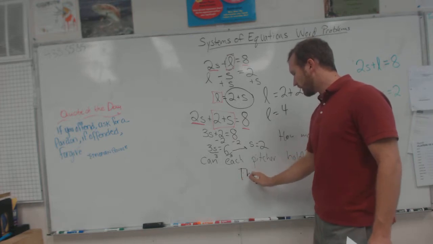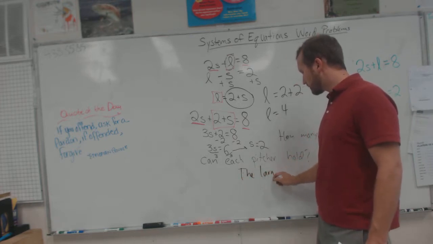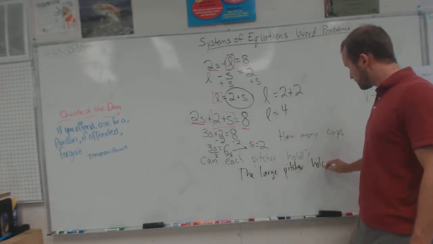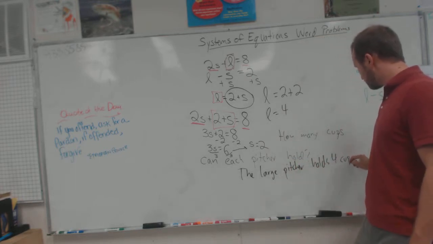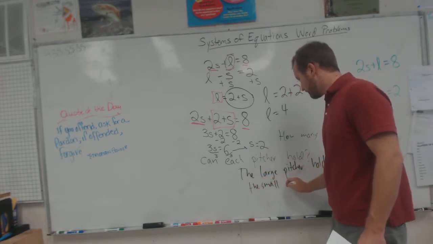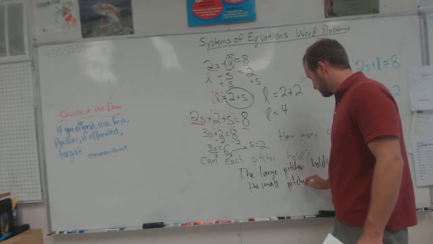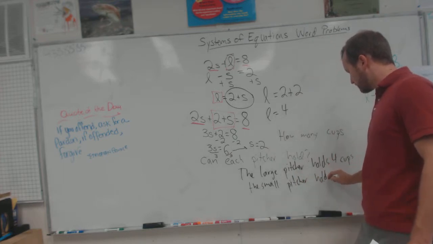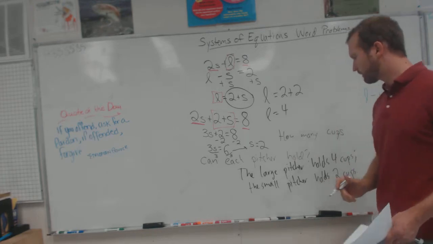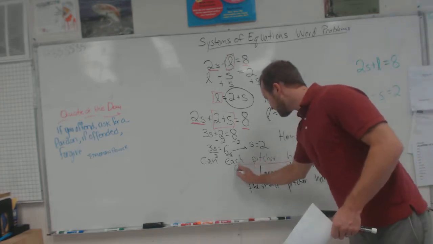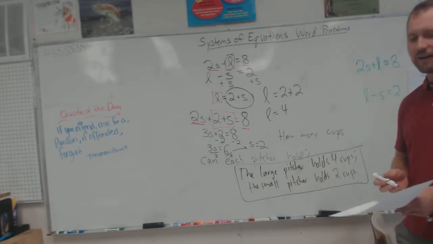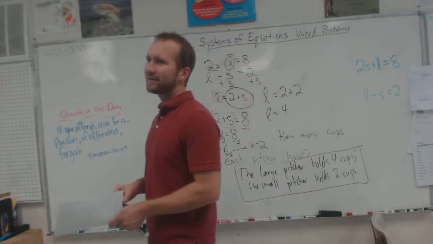I would write out my answer as the large pitcher holds 4 cups, small pitcher holds 2 cups. And then I would put it inside of a box so that Nate can easily find it on my homework.